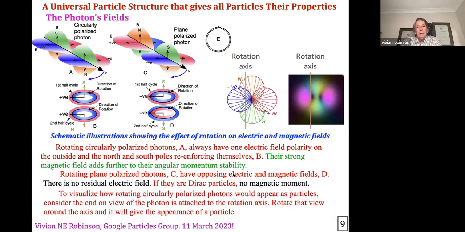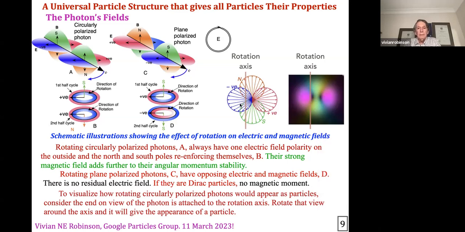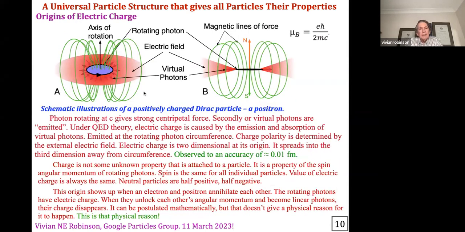To visualize a rotating photon, we put an axis, say in this case, an axis off center, and if you just give that axis a twist, you'll get one field on the outside, the magnetic field pointing up, and the second field on the inside. And that gives you some indication of what a particle would look like. Now, how is charge generated?